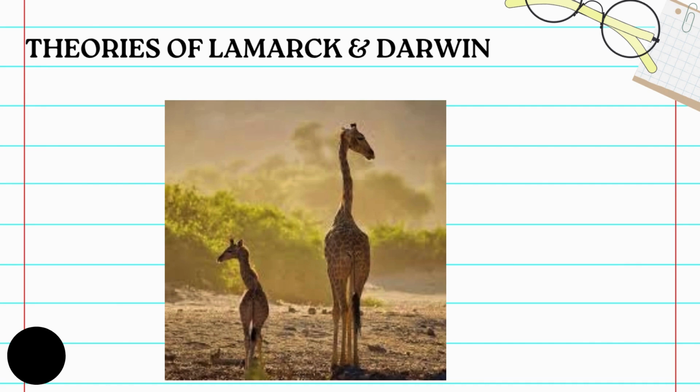But then they had to eat leaves, and there were not a lot of leaves on the ground or the grass, so they were trying to reach onto the trees instead. Because they continuously kept stretching their necks to reach for leaves in the tree, using their necks a lot, the necks became taller, stronger, and now they have this long neck.